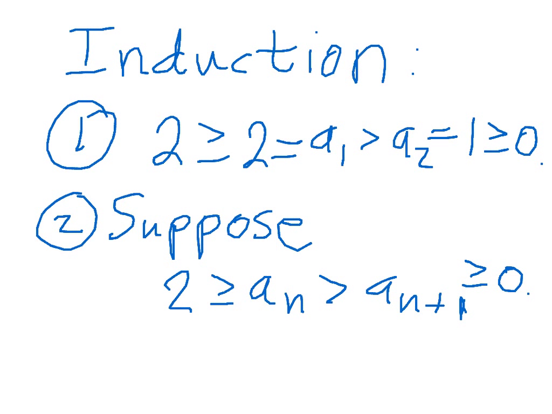And now we're going to show that it works when you have an n plus 1 here and an n plus 2 here, and then we can always get to the next one in the sequence.